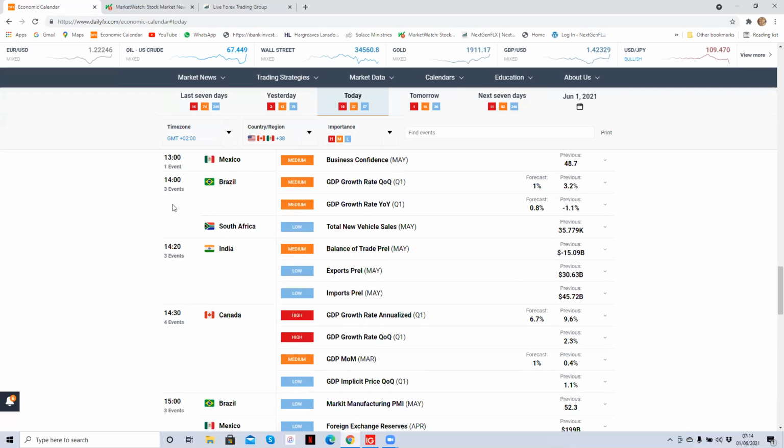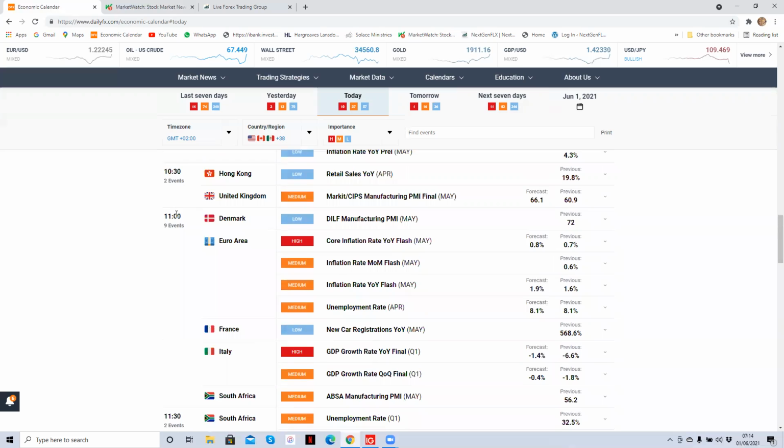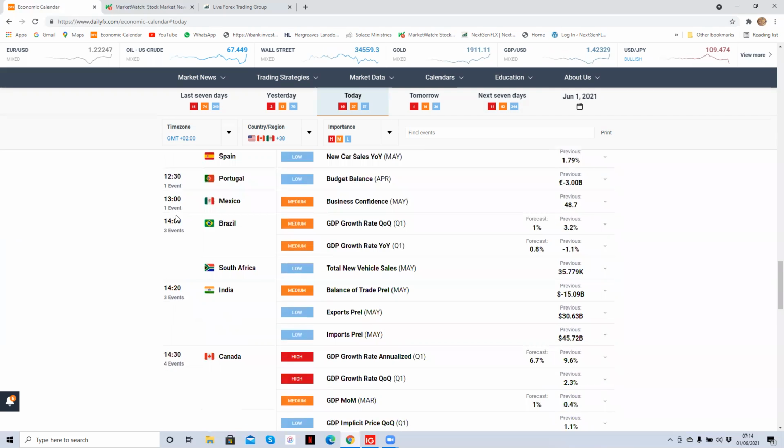So we now know today we're going to trade the euro US dollar around 11 a.m. GMT +2 and only have one attempt in view of the report on Friday. And the Canadian dollar, we're going to trade that at 2:30 and only have one attempt today in view of the report on Friday. Okay, so let's go to the charts.